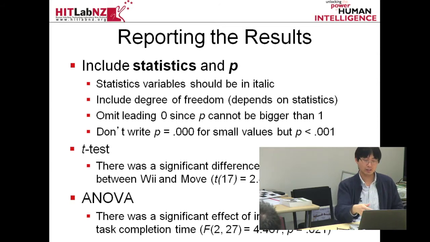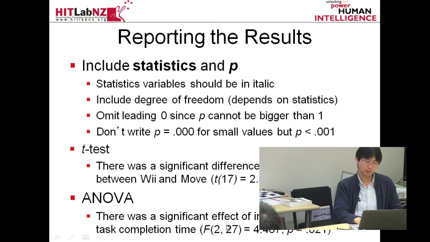And again, the example I've given you is the number of participants, but ANOVA has 2 degrees of freedom, one of which depends on the number of levels in your independent variable. In this case, I think 2 means there were 3 levels, which is, there were 3 interfaces you've compared.